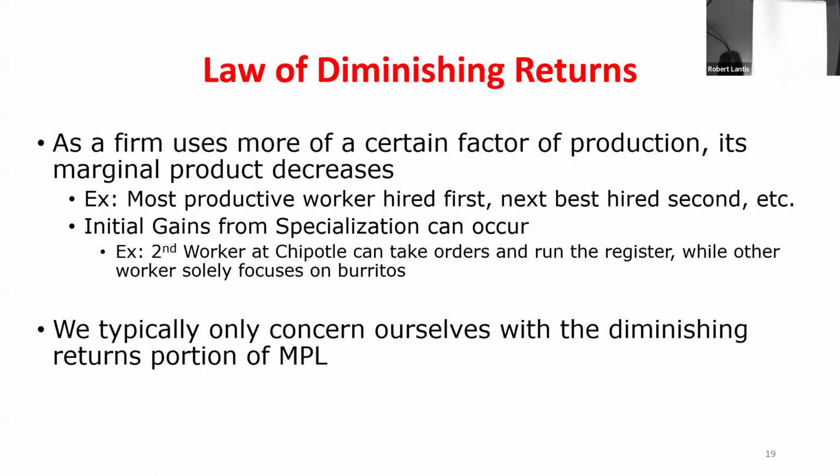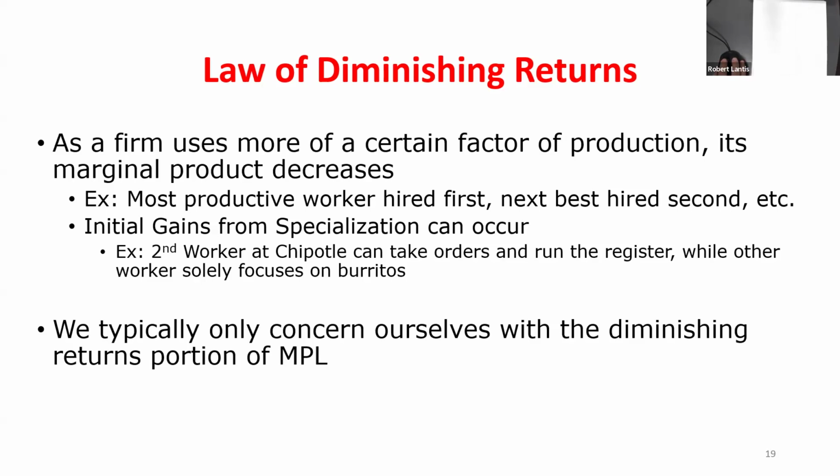Think about it this way. If I was okay hiring the first worker at whatever their productivity level was when I compared that to their cost, well, if the second worker is the same cost but now even more productive, I'm definitely going to hire them. So we always know that when we're on this gains from specialization portion of our marginal product of labor curve, we're definitely going to be hiring more workers.